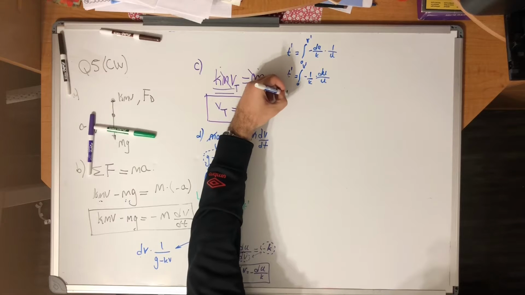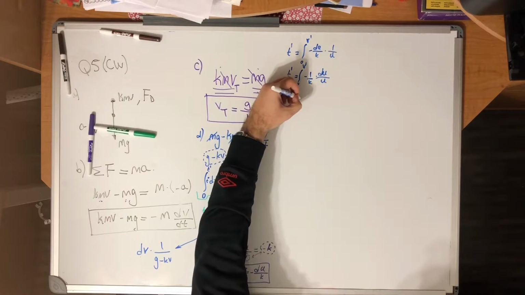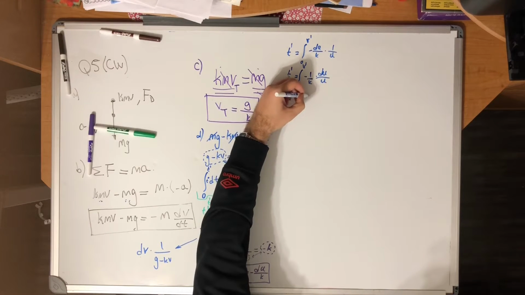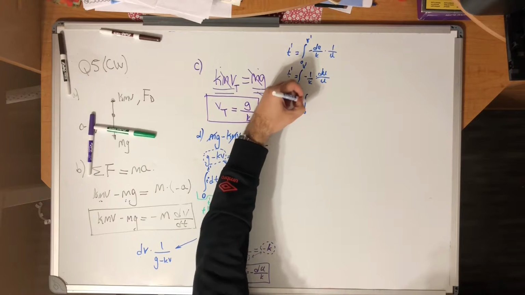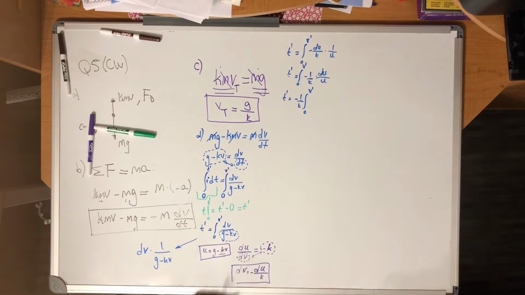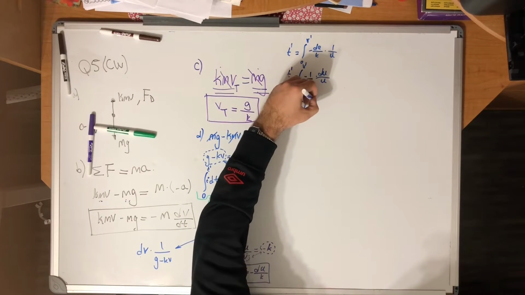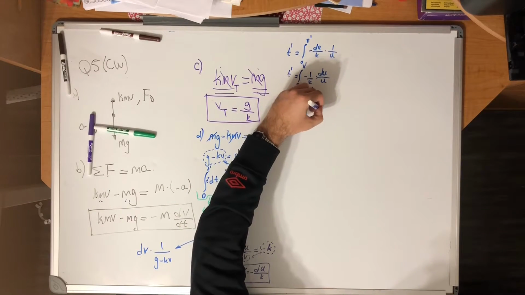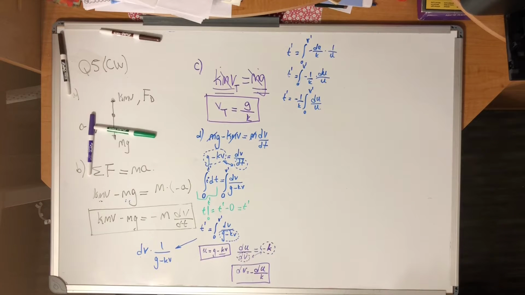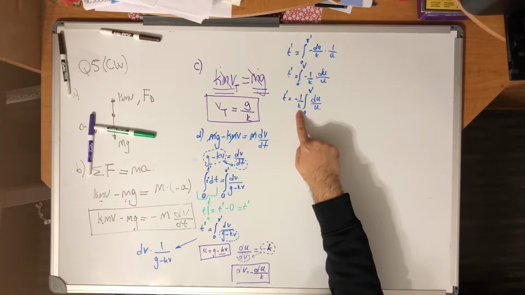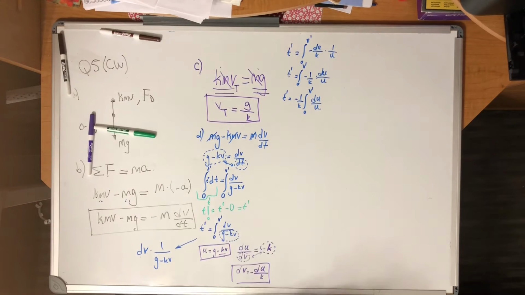So t prime equals negative 1 over k, integral from 0 to v prime. I got rid of the constant, so I only have a nice function right now, du over u. At this point you can also put this negative 1 over k to the other side as well.